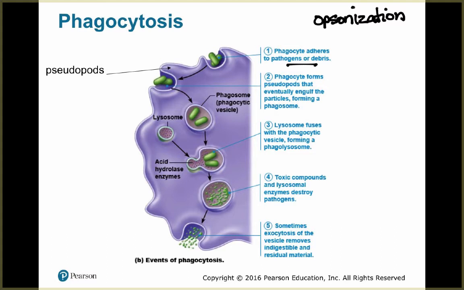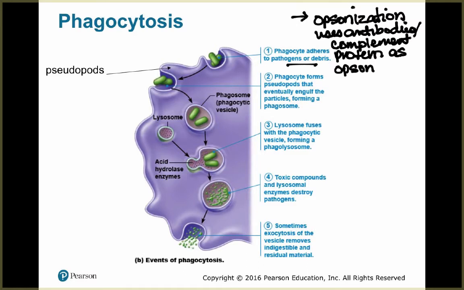And so when we looked at him grabbing the bacteria, that's what this was. It's basically when our immune system uses antibodies or what's known as complement proteins as opsonins, and these coat pathogens.